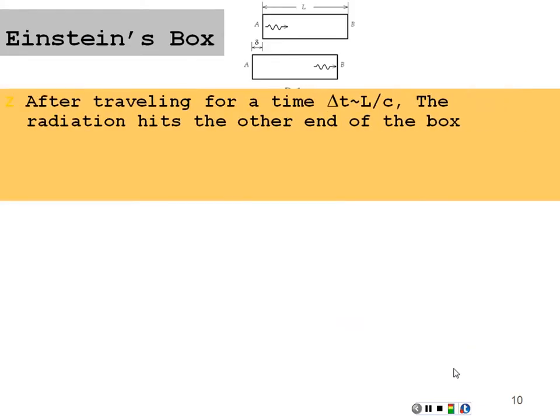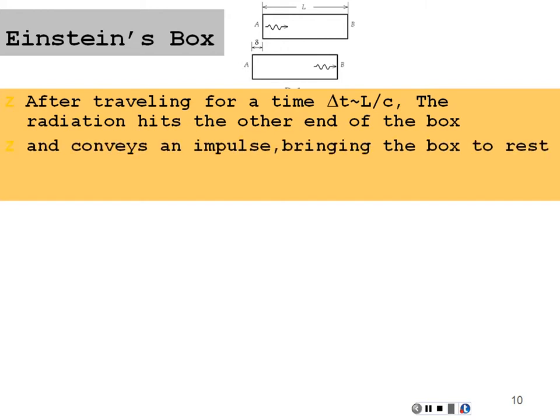After traveling for a time delta t equal to the length of the box divided by c, that's the time it will take for the photons to reach the other end of the box, the radiation will collide with the other end of the box, giving it an impulse. Since the box was moving with the impulse that started it, of the same magnitude, it will now come to rest.